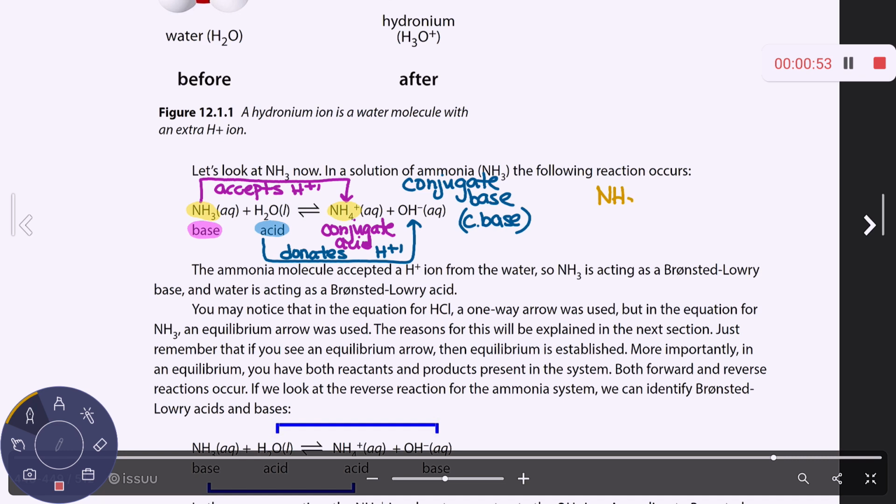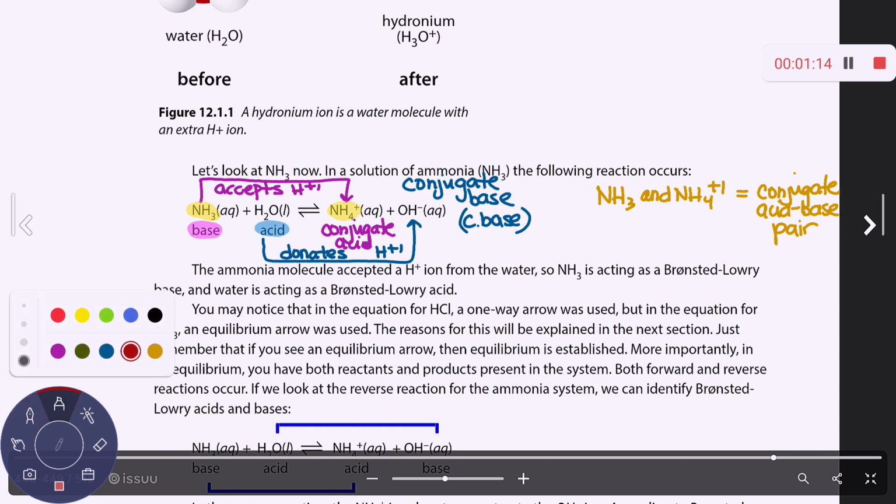So NH3 and NH4+1 are a conjugate acid-base pair. You have to know the definition and you have to be able to identify them. Okay?